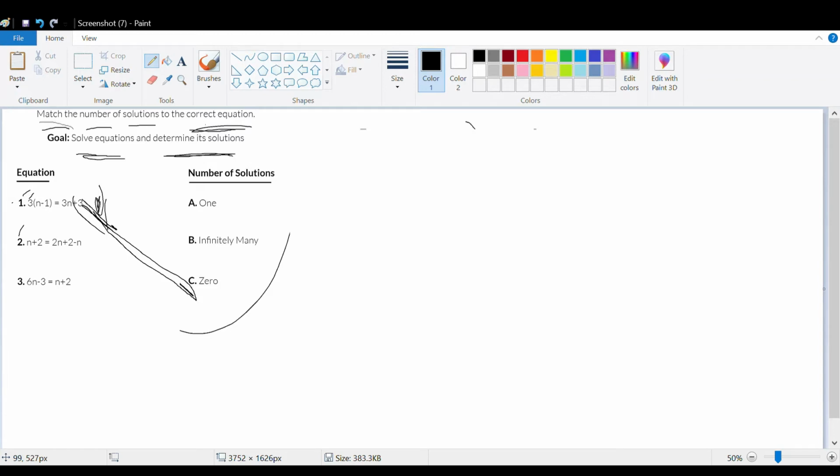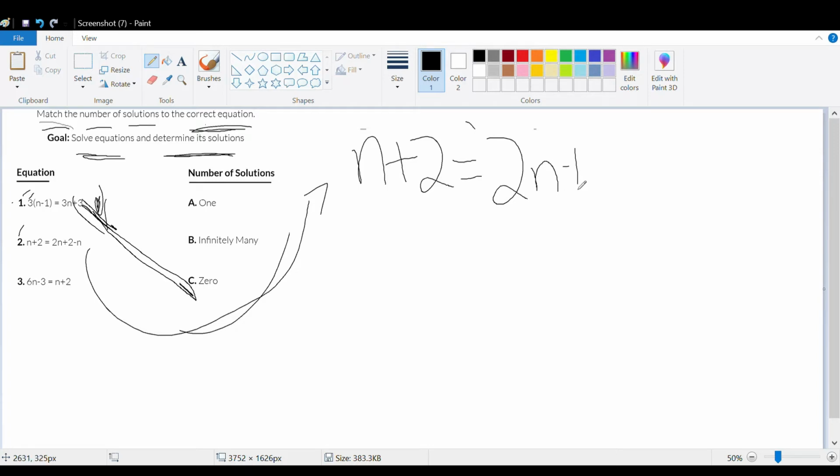Let's rewrite that again over here. The second equation states n plus 2 equals 2n plus 2 minus n.